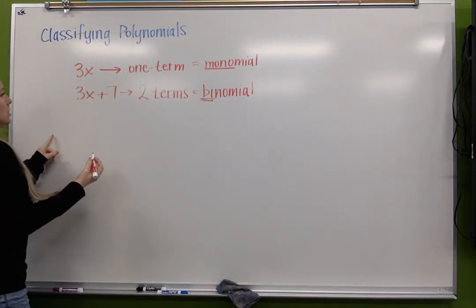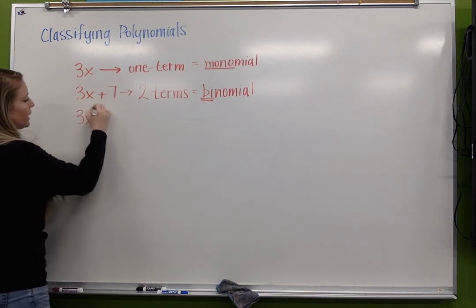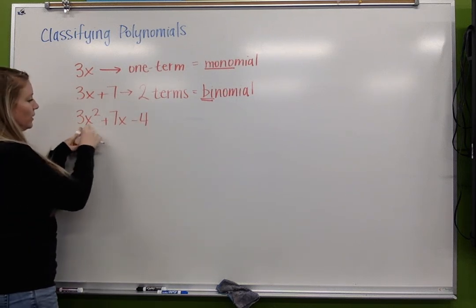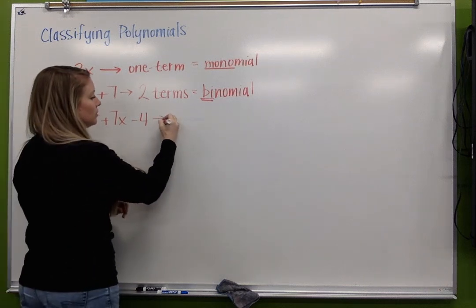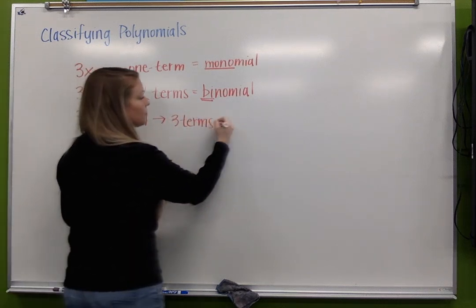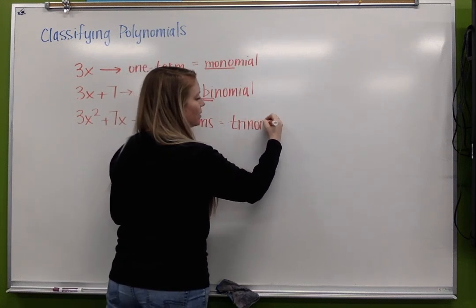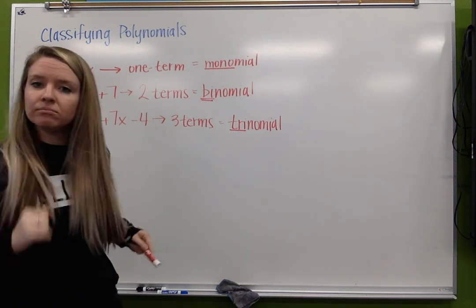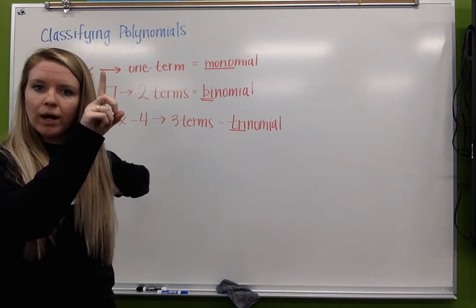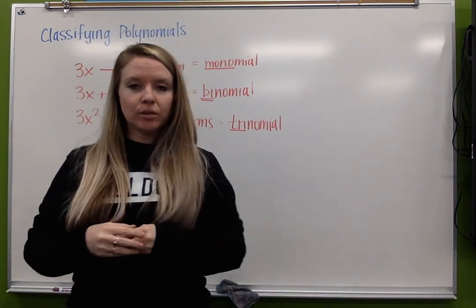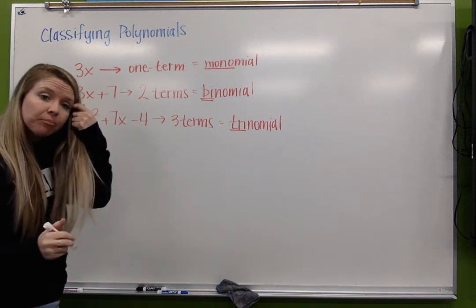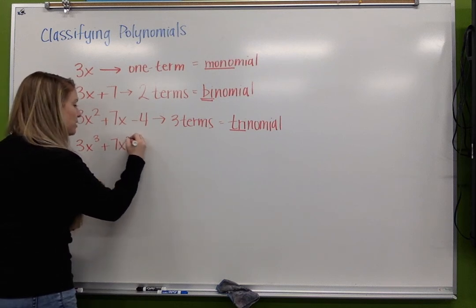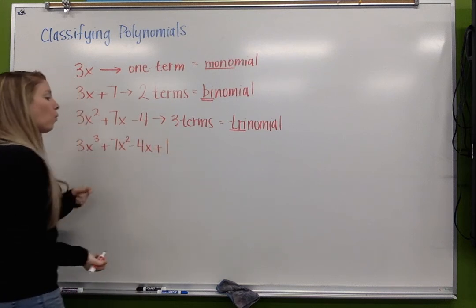Cool. So here, let's do 3x squared plus 7x minus 4. 1, 2, 3 terms. If we have 3 terms, we call this a trinomial. Tri meaning 3. Pretty simple, right? Monomial, 1, binomial, 2, trinomial, 3. Our example earlier looked something like 3x cubed plus 7x squared minus 4x plus 1.